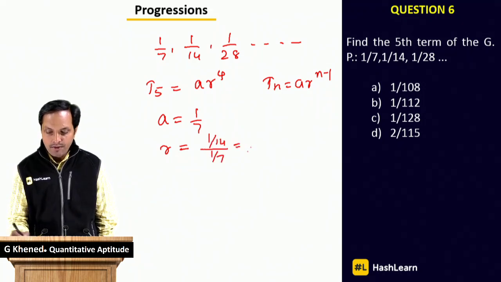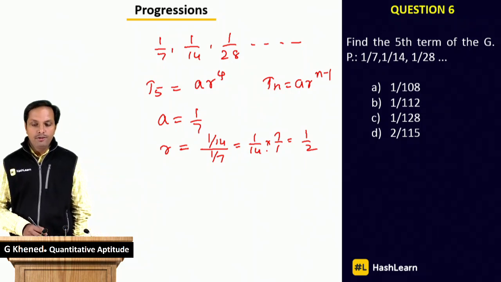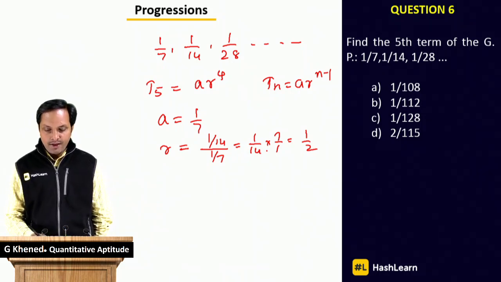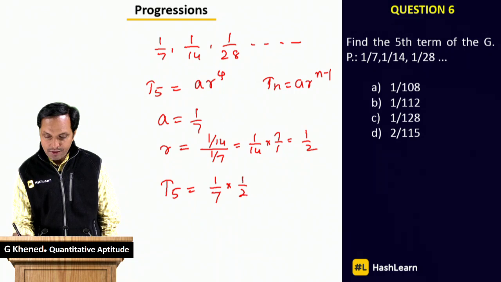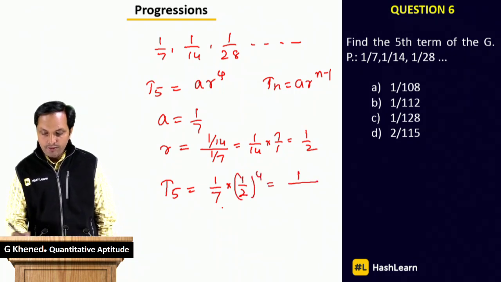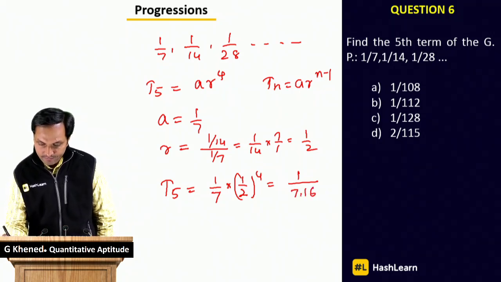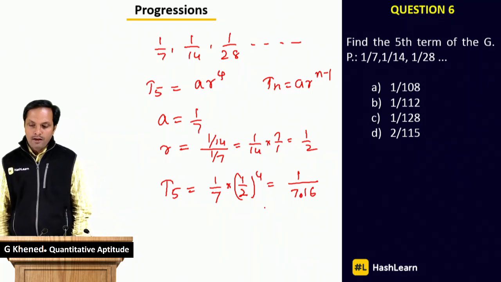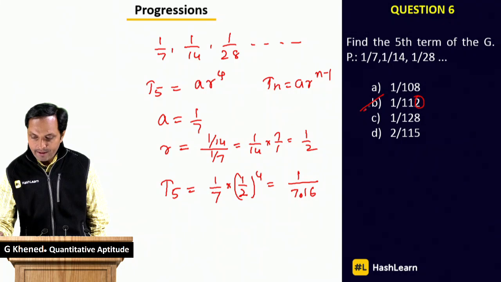What will that give you? That will give you 1 by 14 into 7 by 1, which is 1 by 2. Common ratio is 1 by 2. Substitute in T5. a is 1 by 7 into r is (1 by 2) whole to the power 4. That will give you 1 by 7 into 16. 7 sixes are 42, 2 is the unit place.